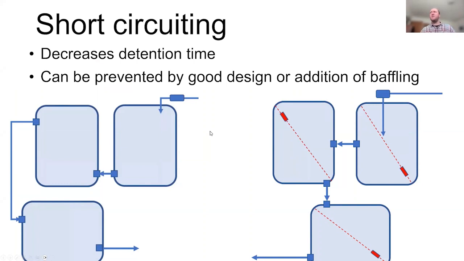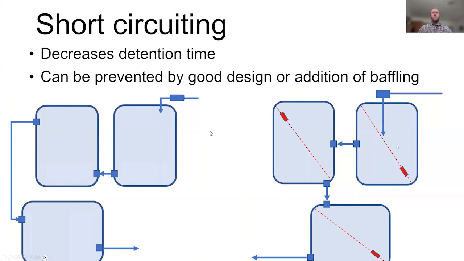If you have a situation like maybe on the right here, if we ignore these red dotted lines for a second, the water flowing in over here could easily go pretty quickly straight towards this outlet. It flows in here and might just go straight out there. That really decreases the functionality of these lagoons. We're not utilizing the whole volume and area of them.